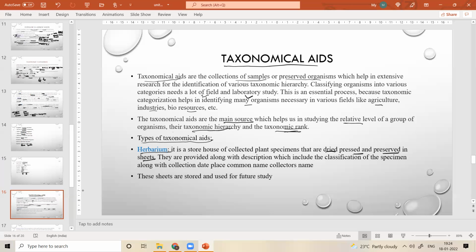Generally, a herbarium sheet consists of a plant stuck onto it, and it will show floral characters and the inflorescence, how many pollen are present, how the leaves are arranged, and what type of branching is present in that particular plant.